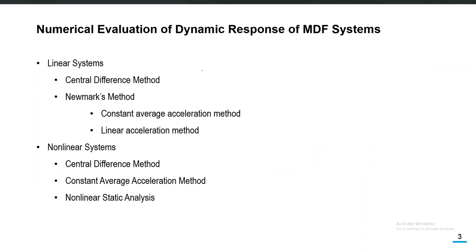For linear systems, there are several methods available for the numerical evaluation of dynamic response of multiple degree of freedom system. The two common methods are the central difference method and Newmark's method. In Newmark's method, we have the constant average acceleration method as well as the linear acceleration method. In fact, this is the one which we will be studying in this lecture, the linear acceleration method.